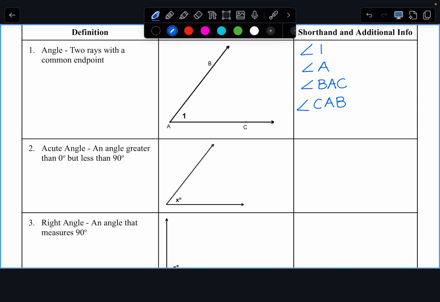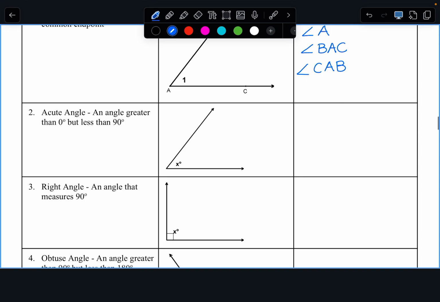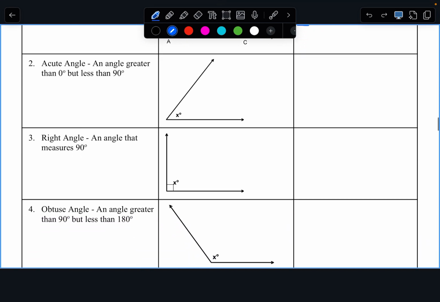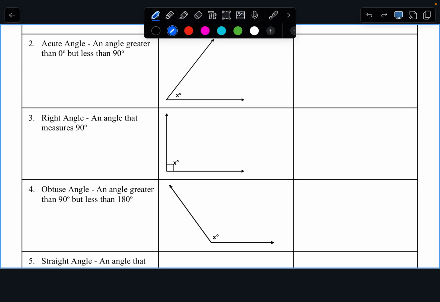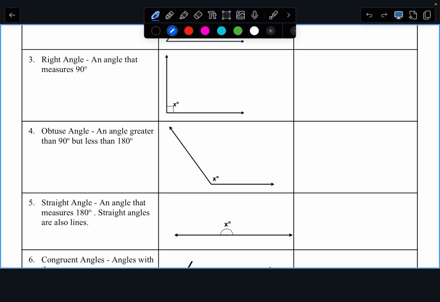And to show that an angle measures 90 degrees, we put a square in that bottom section of that box, or that angle. An obtuse angle is an angle that is greater than 90, but it's less than 180. 180 degrees is going to be a straight line. Straight angles, again, are lines.